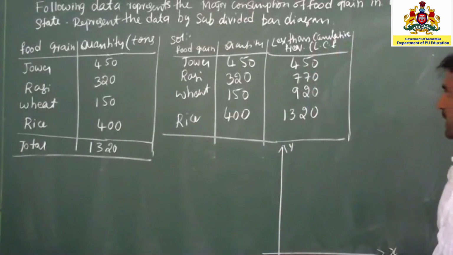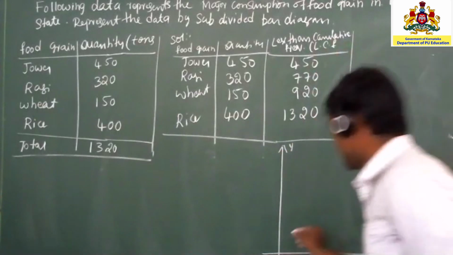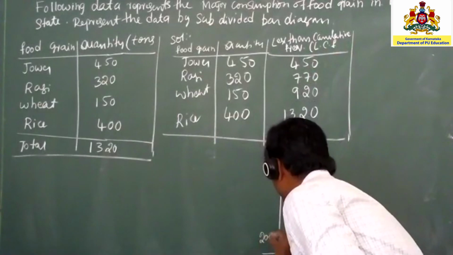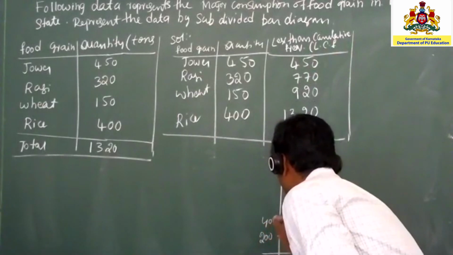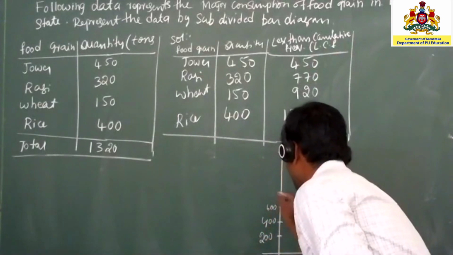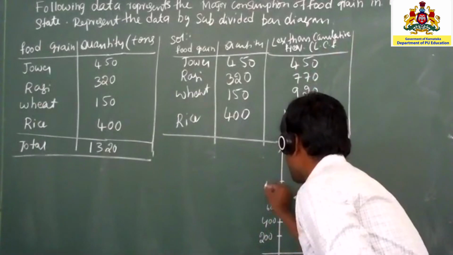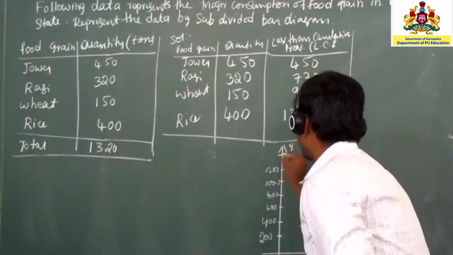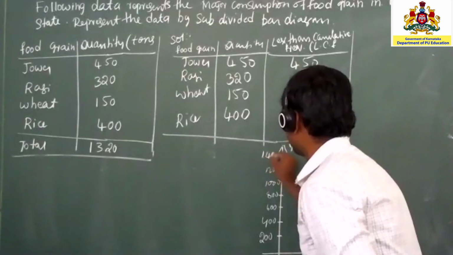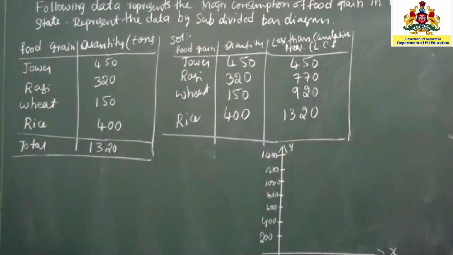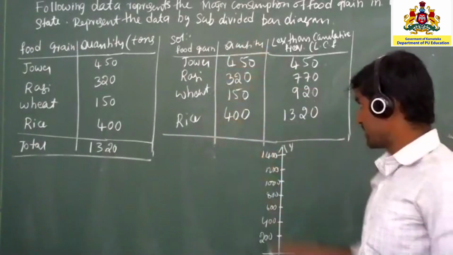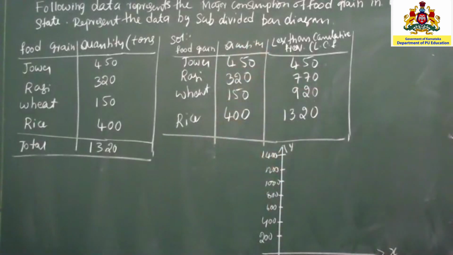We can take a difference of 200: 200, 400, 600, 800, 1000, 1200 and 1400. The values are taken along the y-axis and the food grain along the x-axis.